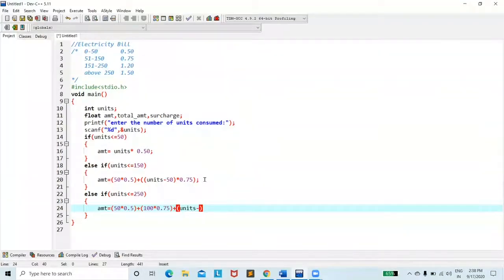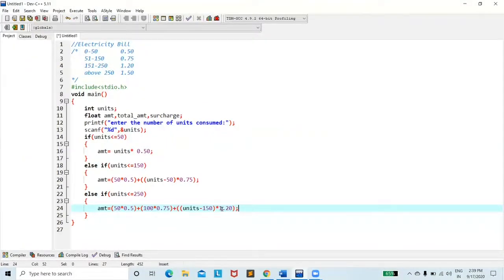If we subtract 150 we will get the remaining number of units, that is units minus 150 into the cost, which here is 1.20. So done.